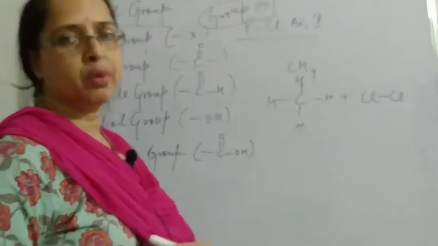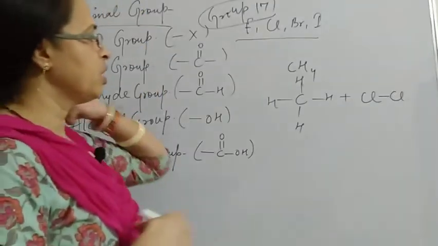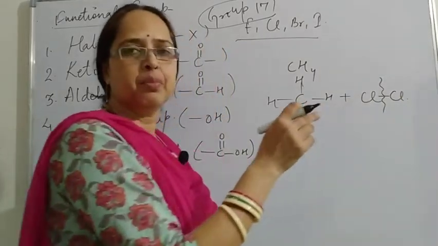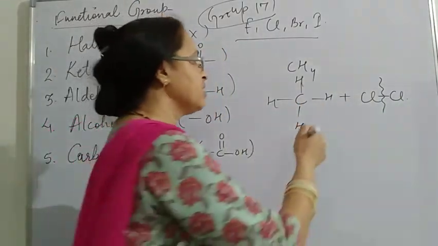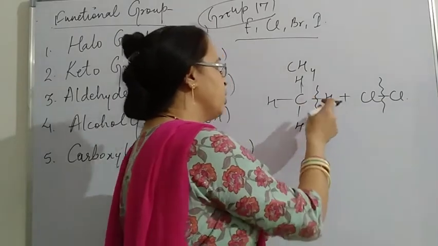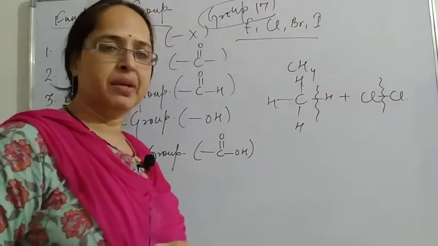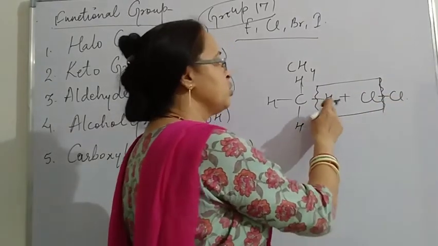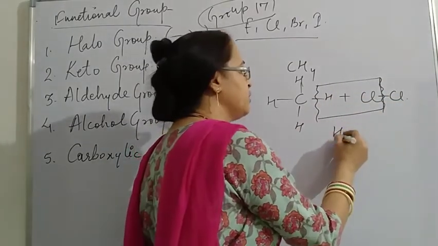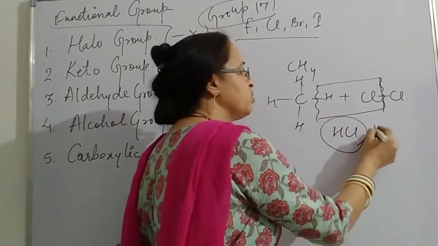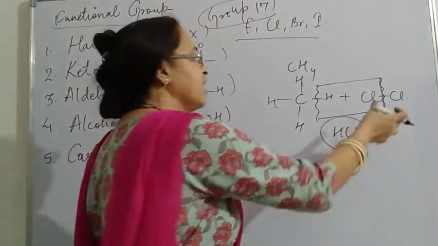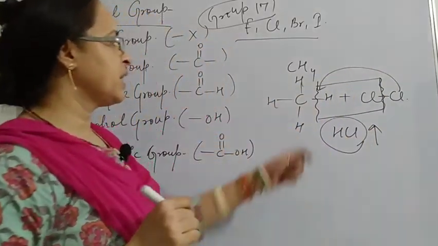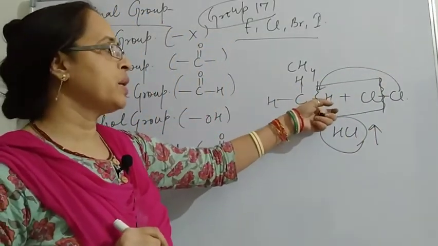Now this chlorine molecule breaks the covalent bond between chlorine and chlorine, and a bond of carbon and hydrogen breaks. Now this hydrogen reacts with chlorine and forms HCl, which is removed in the form of gas, and the position of this hydrogen is occupied by this chlorine.